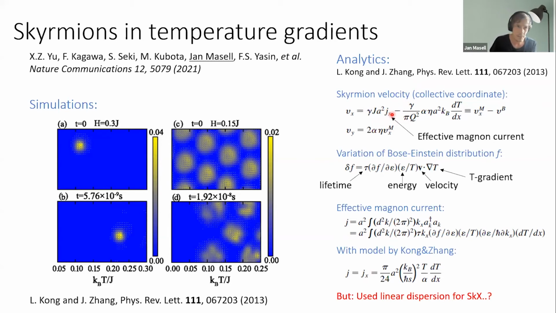Then you have to calculate the magnon current via some variation of the Bose-Einstein distribution, which looks like this. But in their paper, unfortunately, they used a linear dispersion for the skyrmion lattice. And now we know that was a typo that they took from another paper, unfortunately.